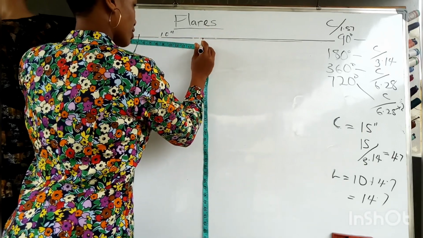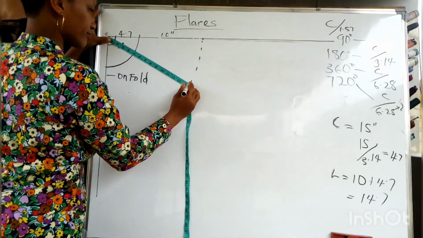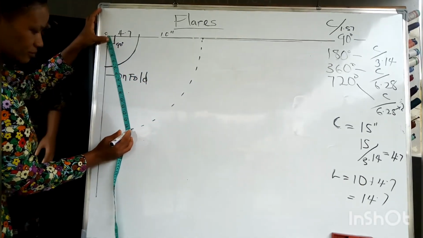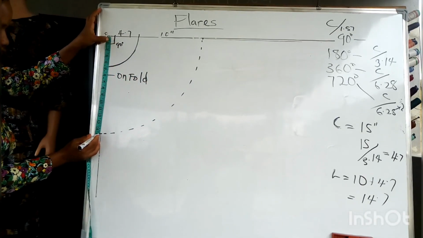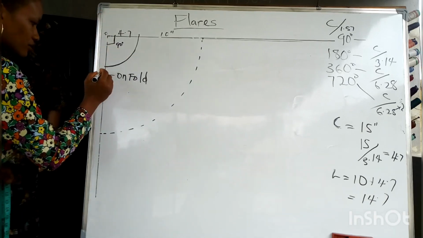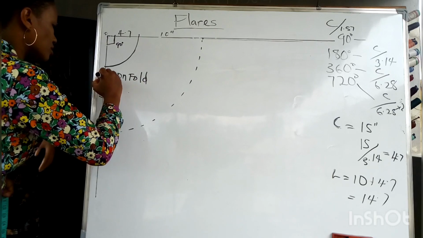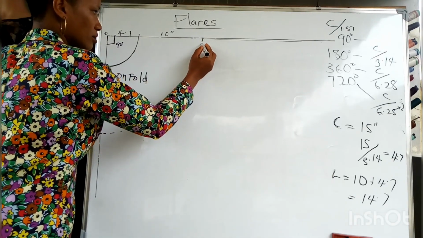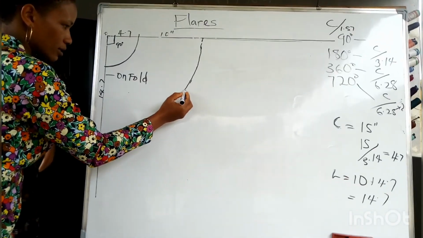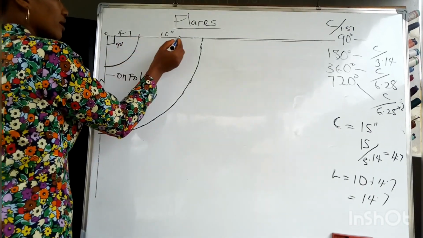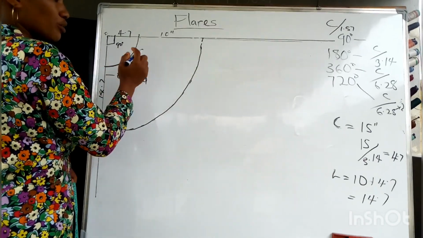Place 14.7 round the arc as you have seen in the illustration. And when you are making your points, make sure that your tape does not leave the 0 point. It is constant there. The only point that will keep rotating is the 14.7. Then make sure you smoothen your lines as you have seen.